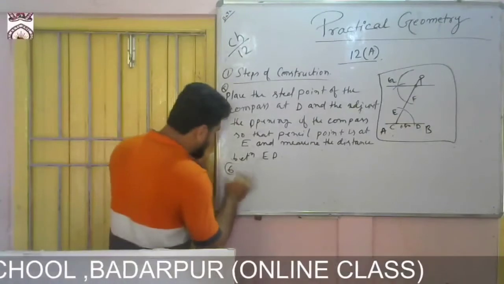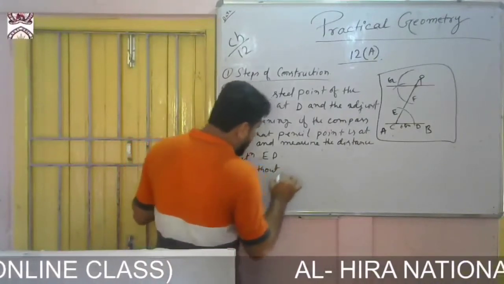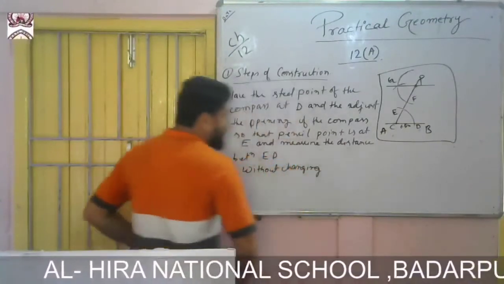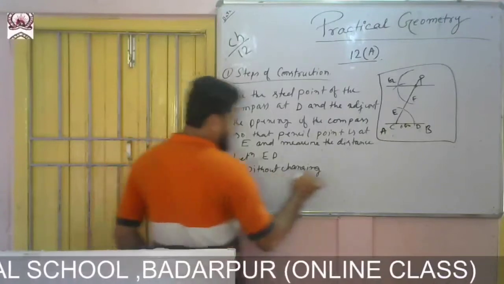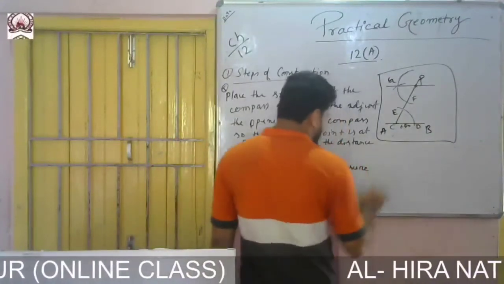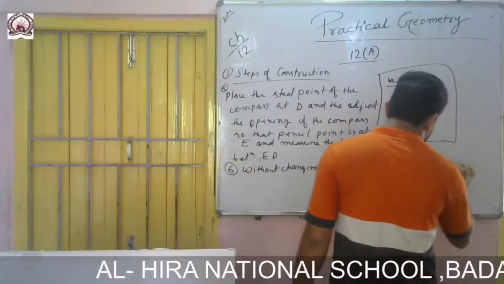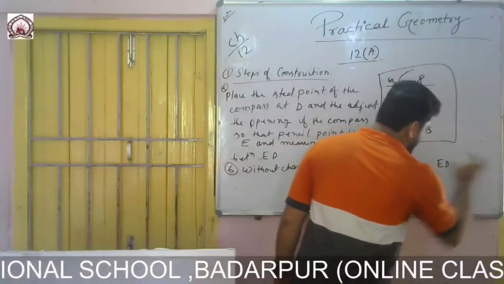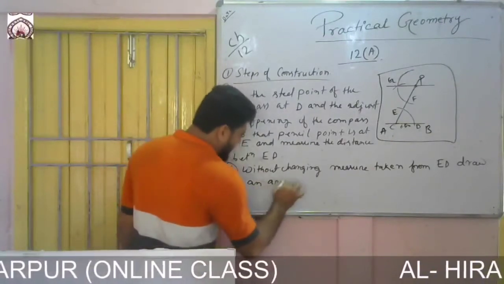Now number 6, without changing the measure taken from ED, draw an arc 3.